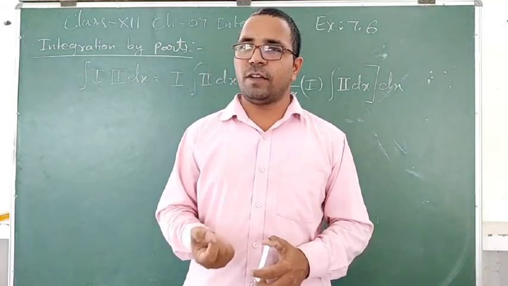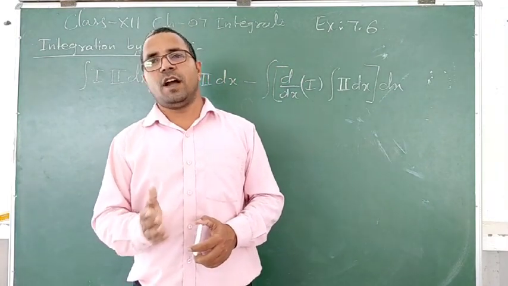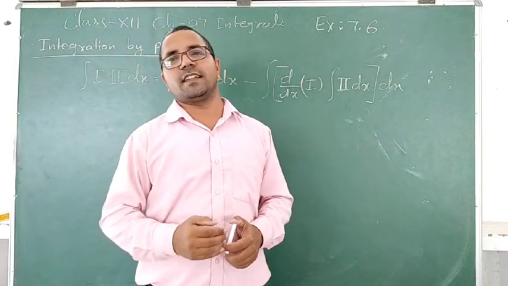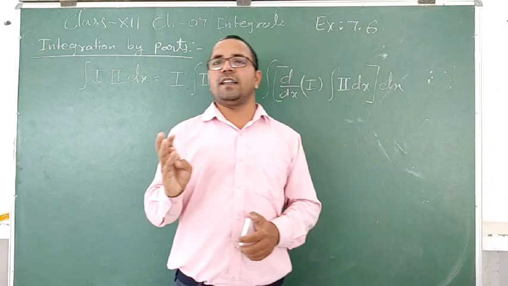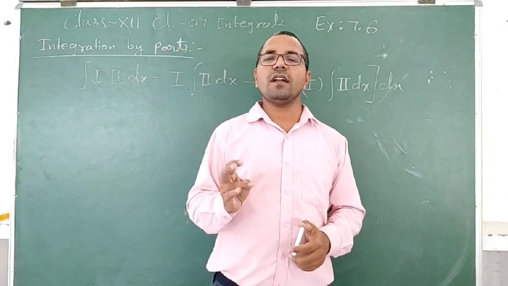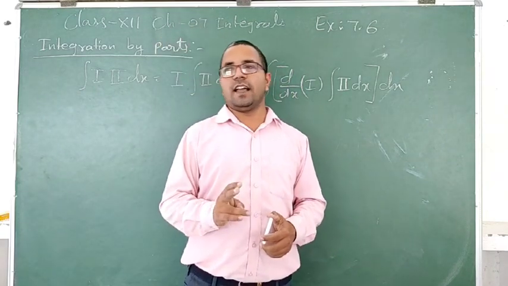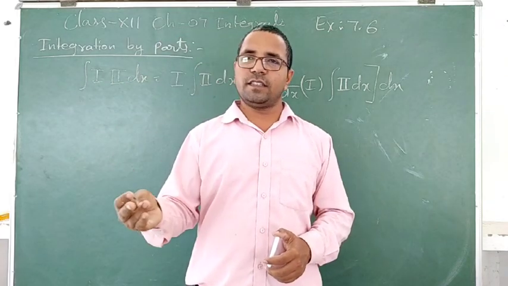So in the sequence, whatever you get first in this sequence, you have to use that one as the first function, and whatever comes last will be used as the second function. So first inverse, second is log, and third is algebraic. And next one is trigonometric functions, that is sin x, cos x, tan x, cot x, that will be the next functions.